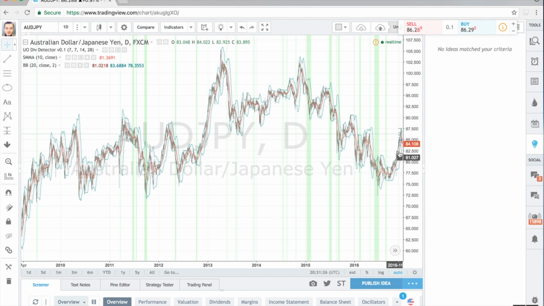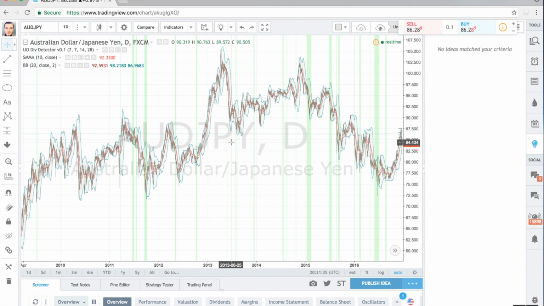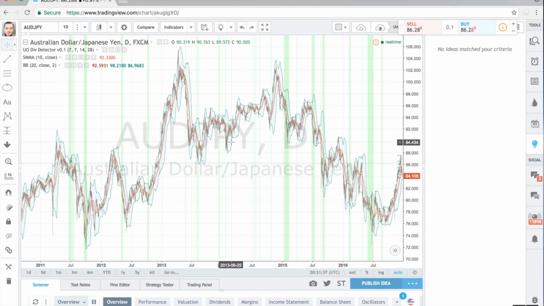So I'll show you how I go from the daily and I scale down. Okay, so first I'm going to go ahead and zoom in a little bit. Next, I'm going to start plotting some lines.